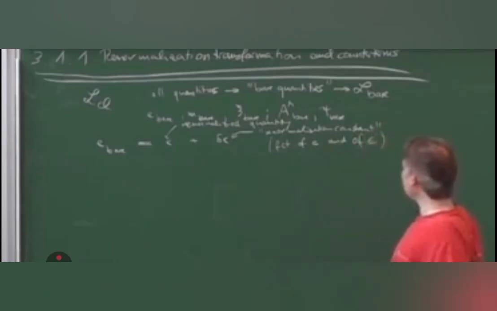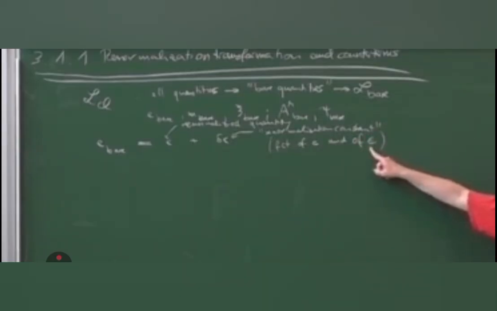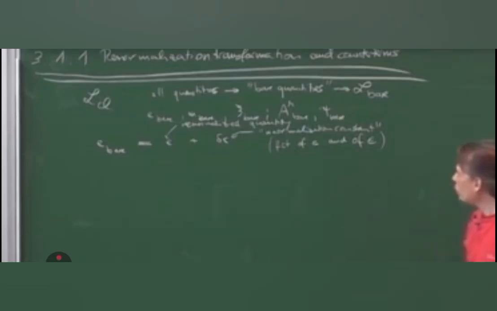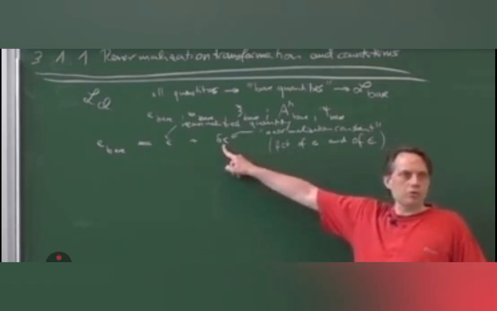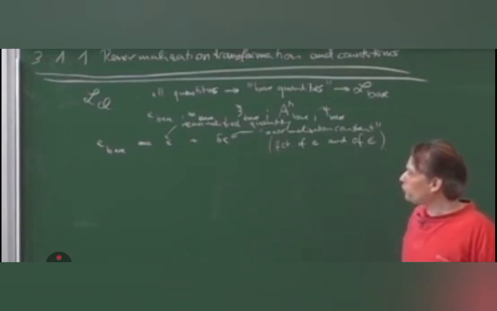In dimensional regularization there is our dimensionality d equal 4 minus 2 epsilon, and so this would depend on that epsilon regularization parameter. And typically those renormalization constants are divergent, which means that they contain 1 over epsilon terms.